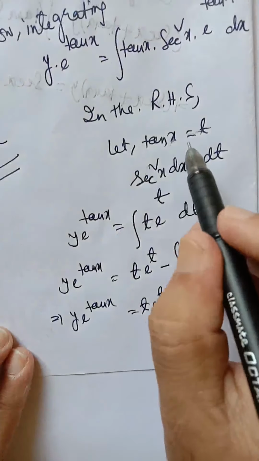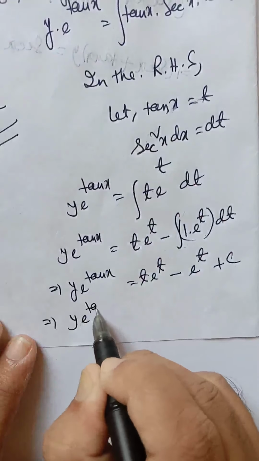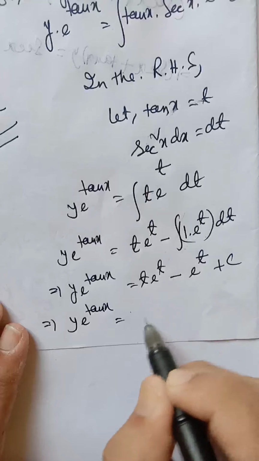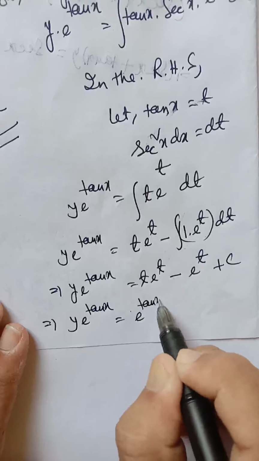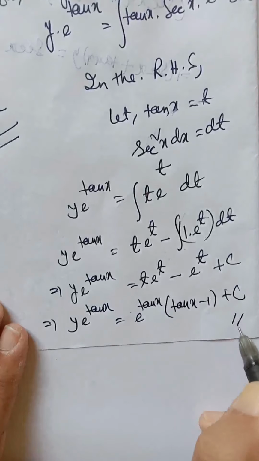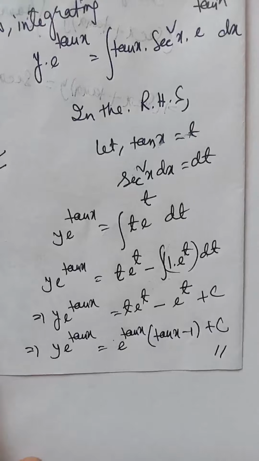And we have to put t equal to tan x now. Let me take e to the power t common, so y equal to e to the power tan x into tan x minus 1 plus c. So this is the solution of the given differential equation.